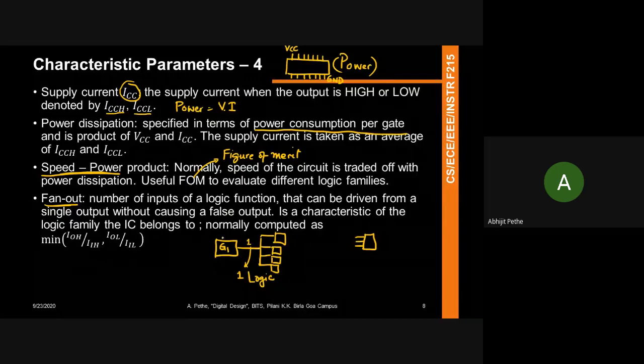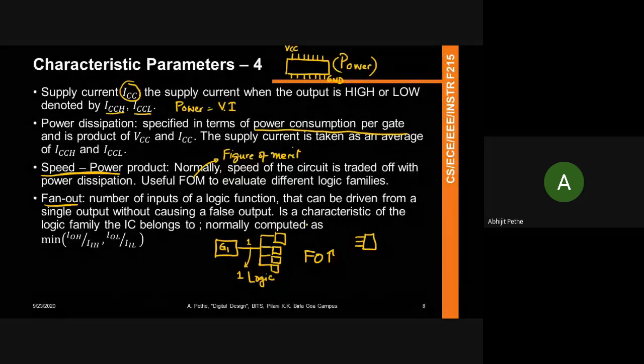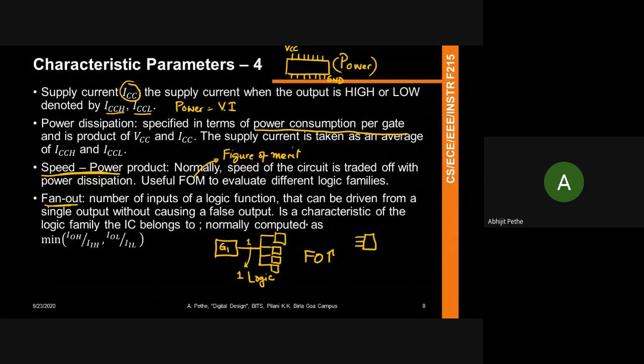But what the fan out tells you is, okay, how many such chips can I connect my output to? So you can imagine that if I have a high fan out, that means that I can reduce the size of my design, right? If not, I'll have to figure out other ways by which I can design the circuit, right? So many times a high fan out helps us design simple circuits, because I can take that output and use that for other things. Okay.